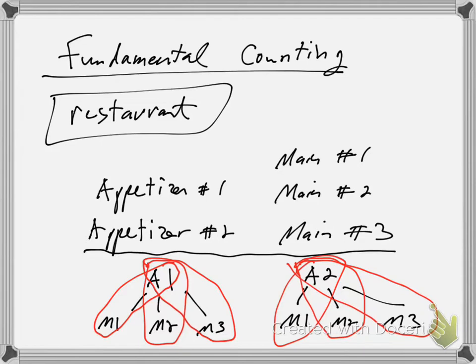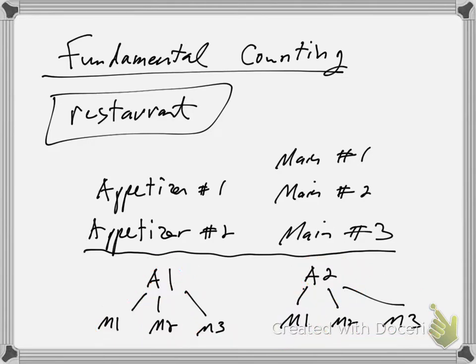There are 1, 2, 3, 4, 5, 6 of those. Do you see that? Okay. So we have 6 possible combinations there. It isn't a coincidence that since there were 2 appetizers and 3 main meals, the total number of possible appetizer and main meal combos is 2 times 3, which is 6.